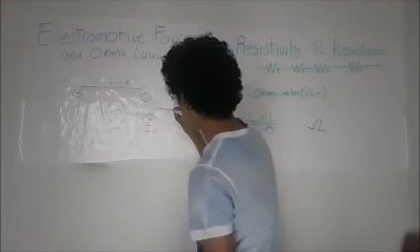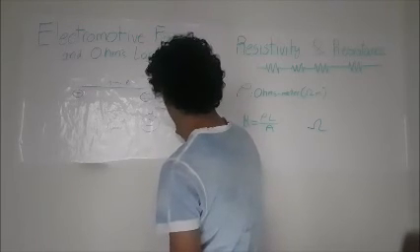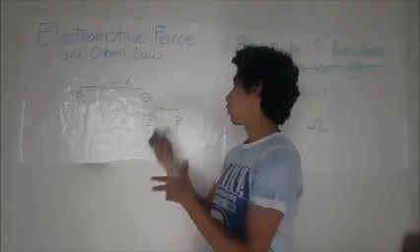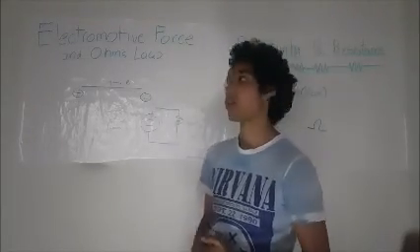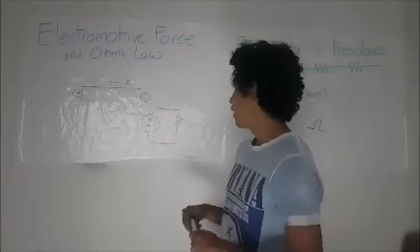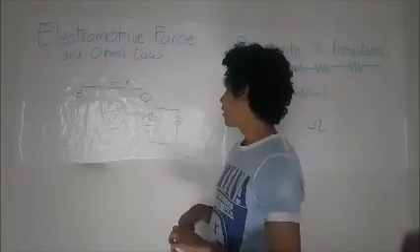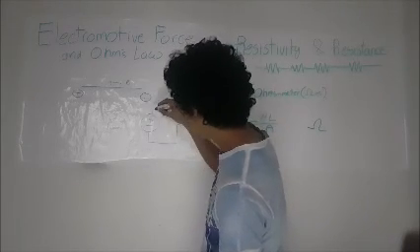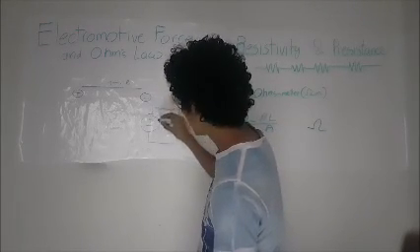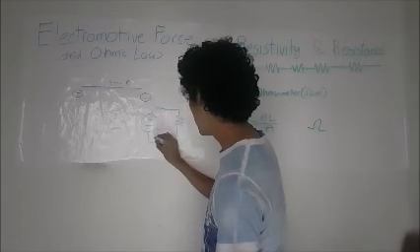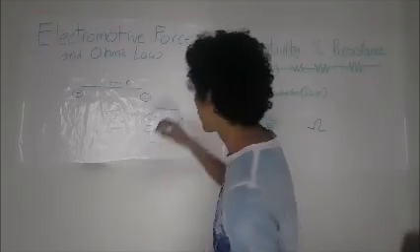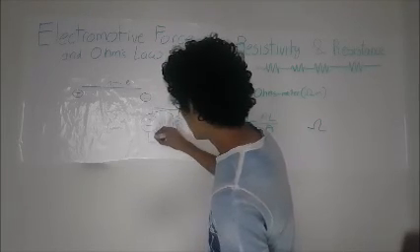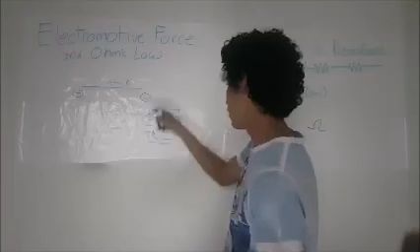This is our wire, and this is our resistor. The wire obviously is a conductor, and this means that the electrons will go from the negative end to the positive, so the current will go from the positive to the negative, like this.